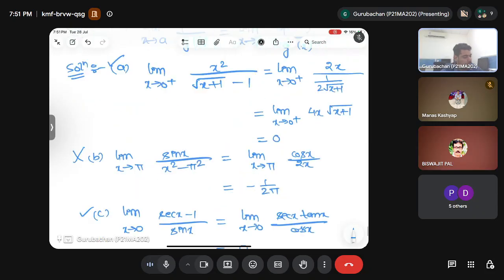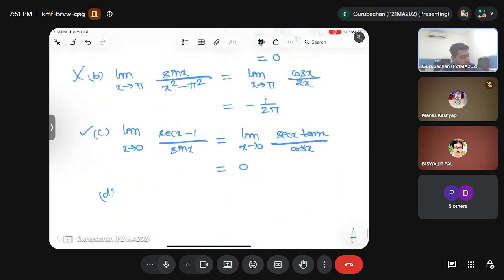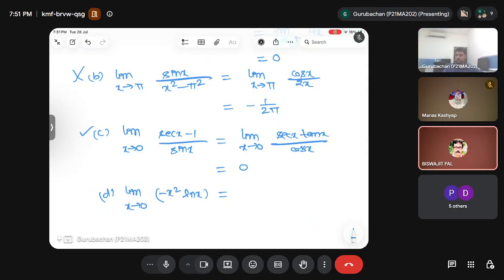Now the last one is limit x tending to 0 minus x square ln x. Which kind of form does it seem to look like? 0 by 0, infinity by infinity, anything? Infinity by infinity. Exactly. Currently it is like 0 into infinity kind of form.